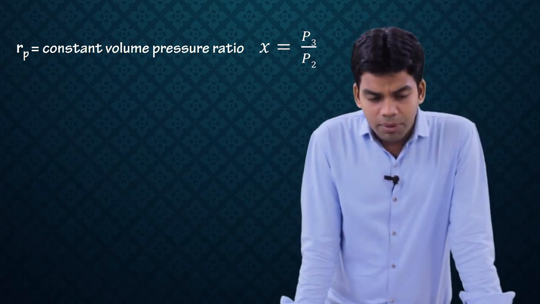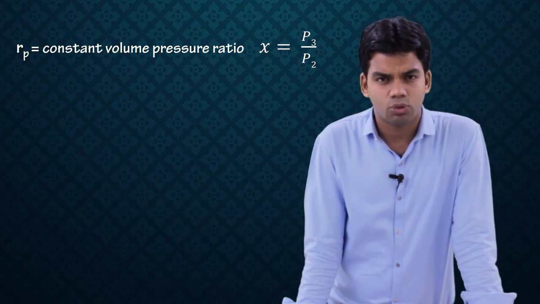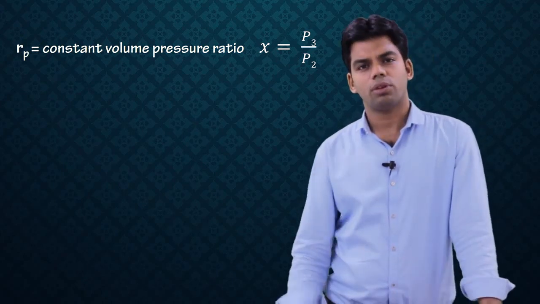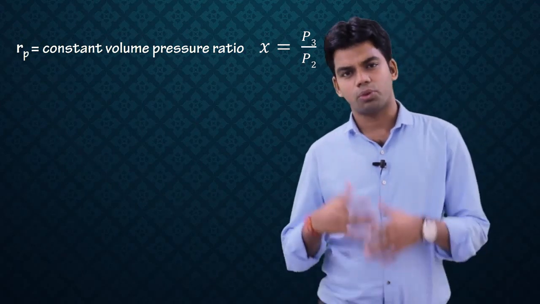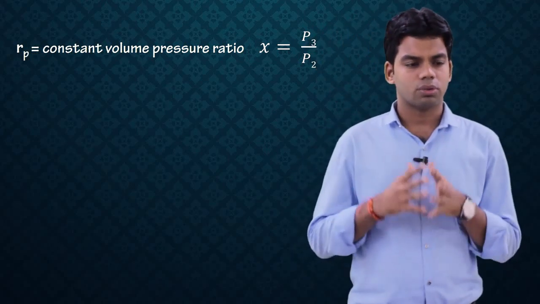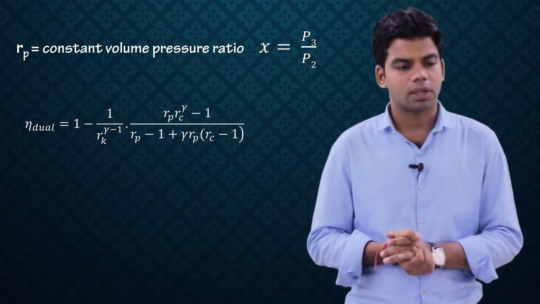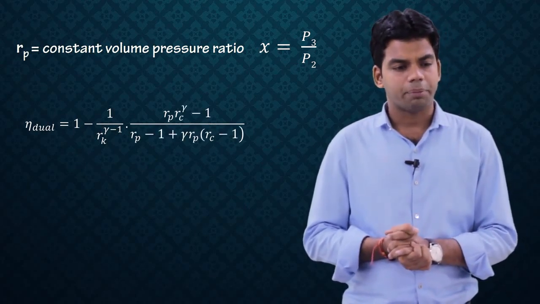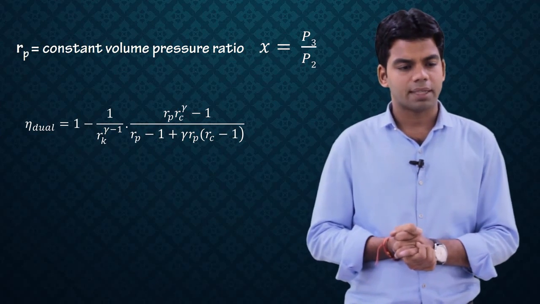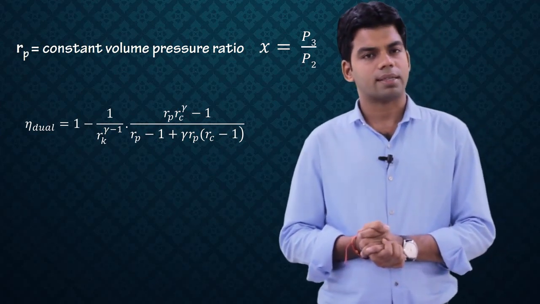From this we get the formula for the efficiency of the dual cycle, 1 minus Q2 by Q1. You can follow the same process, and if you want, you can look for the proof in your textbooks. I will directly tell you the formula. The efficiency of the dual cycle will be equal to 1 minus 1 by RK to the power gamma minus 1, into (RP into RC to the power gamma, minus 1) upon (RP minus 1, plus gamma into RP into (RC minus 1)).